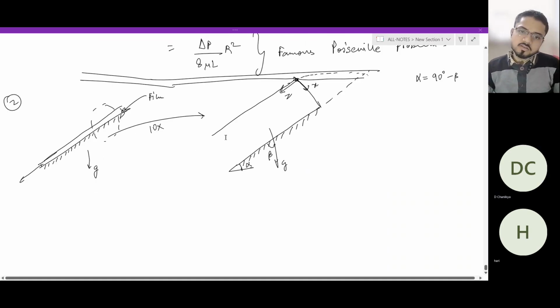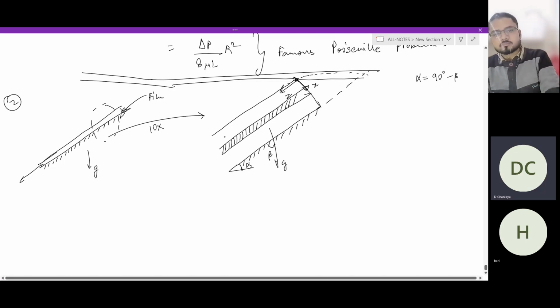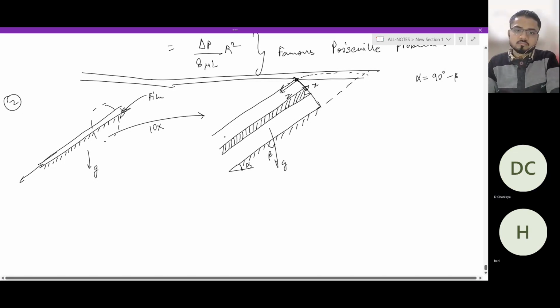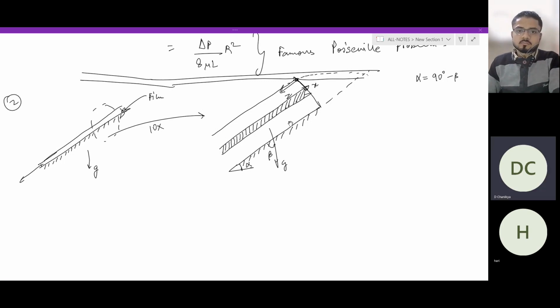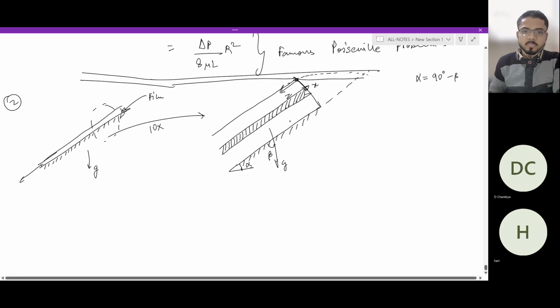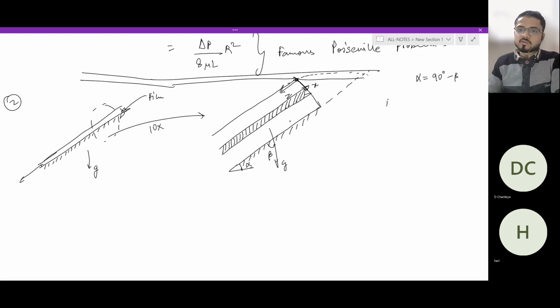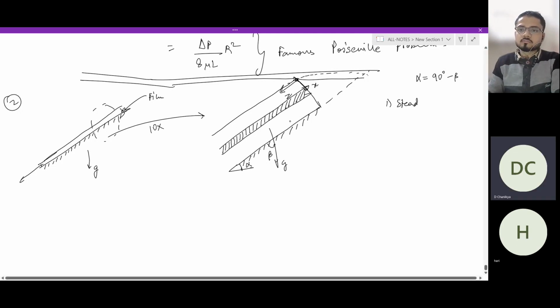Okay, so again, we are not doing a macroscopic balance here, we're doing a microscopic balance. So we take a differential element layer right here. Now, the same assumptions: the first would be steady flow.